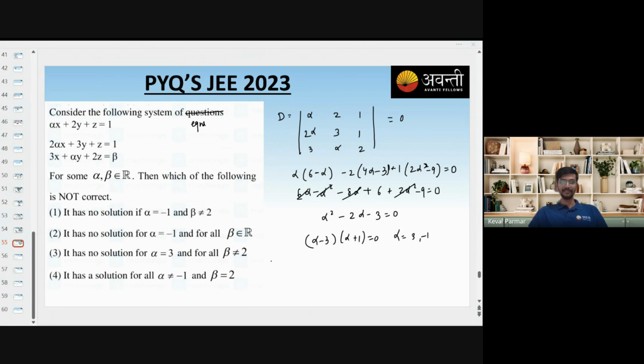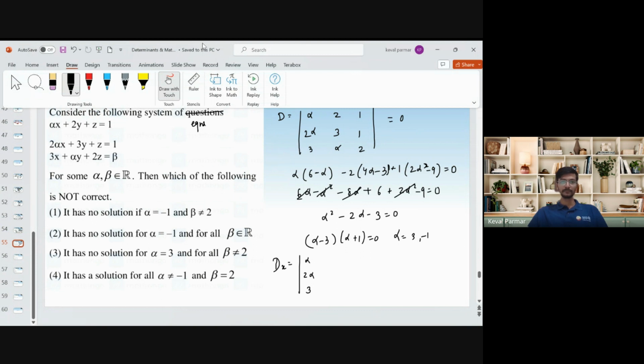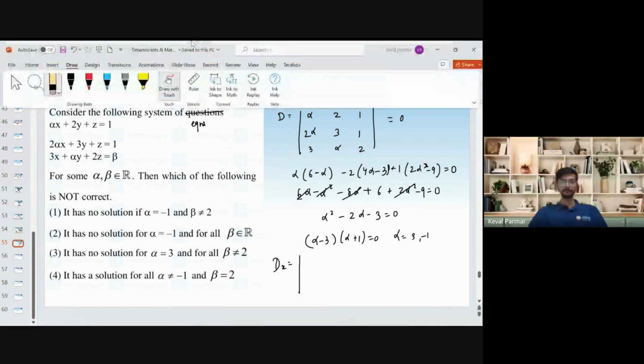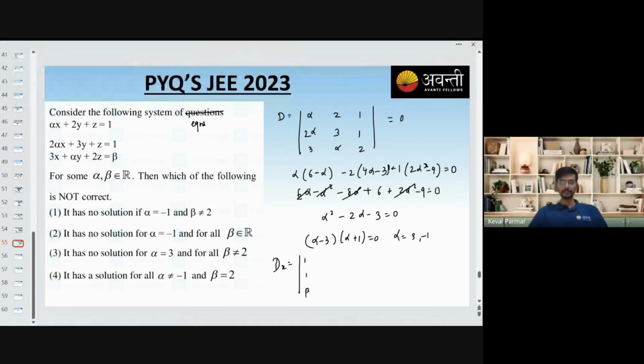So Dx will be equal to the determinant of alpha, 2 alpha 3, alpha 2 alpha, sorry, this, yeah, it will be 1 beta.